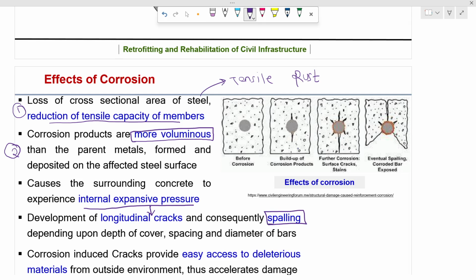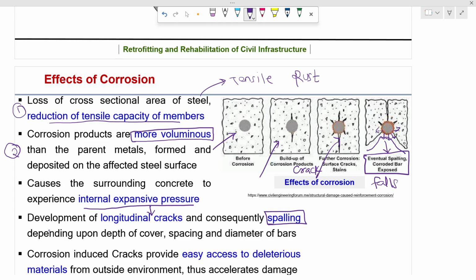Spalling means what? Here you can see this picture is before corrosion, the build up of corrosion. During corrosion build up there will be cracks. When the entire portion of the concrete falls, then we call it spalling of the concrete. This basically happens because the rust is applying pressure on the concrete.